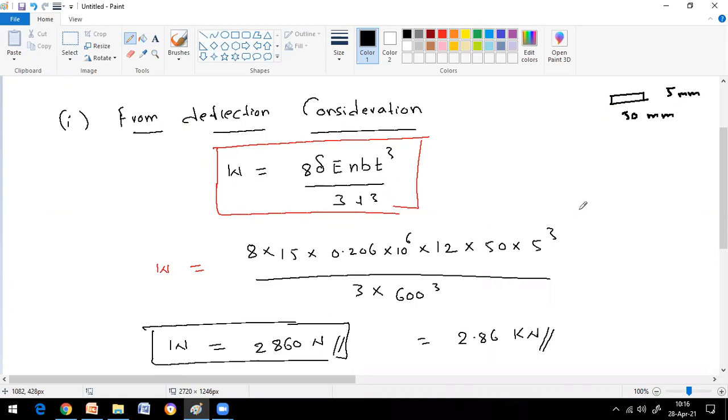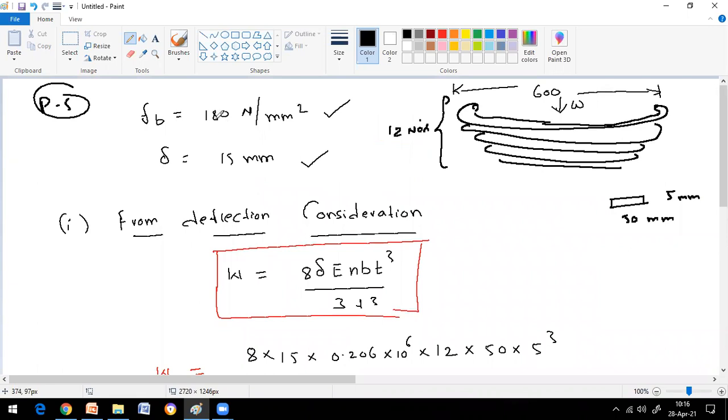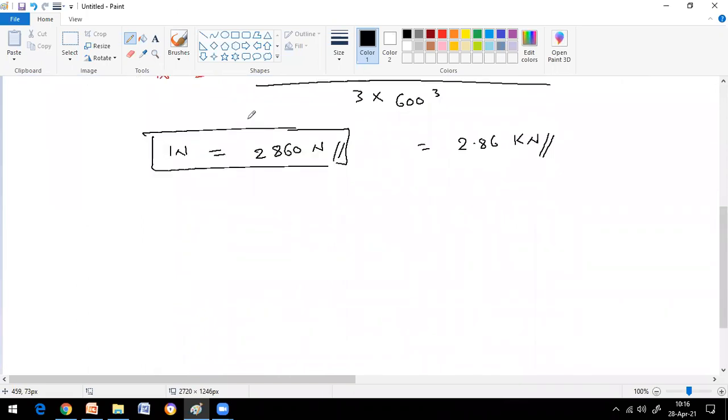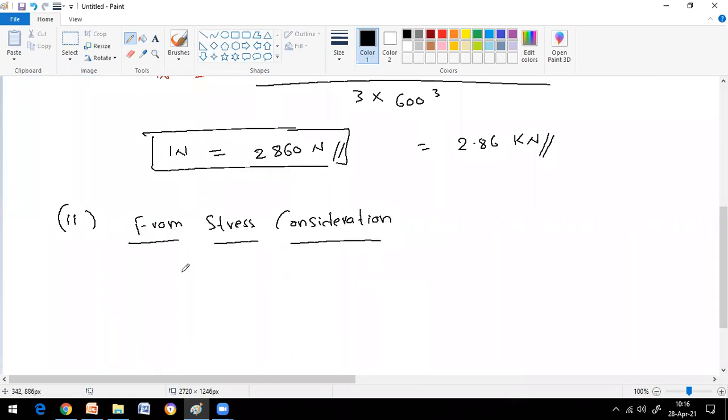In the same way, let's calculate the load based on the stress consideration. Why? Because in your problem it is clearly given the bending stress as 180 Newton per mm square. So based on the bending stress consideration, let's calculate the load. From stress consideration, what is the stress formula?